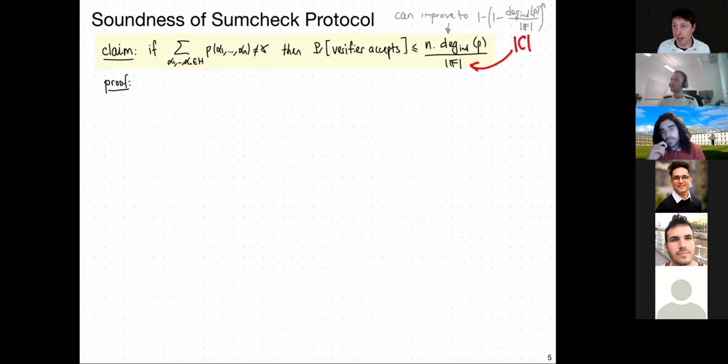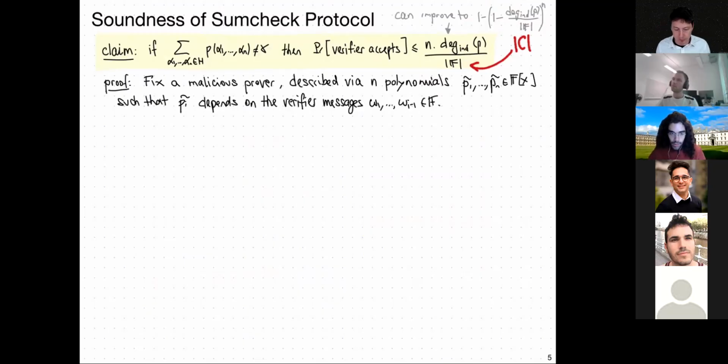Over the next, I guess, 10 minutes or so, we're going to prove this claim. Now it's soundness, so we have to consider every possible strategy the prover could do. So fix some arbitrary malicious prover. What does the malicious prover do? It defines some choice of polynomial per round. Let's call them P1 tilde, P2 tilde, Pn tilde, and so on.